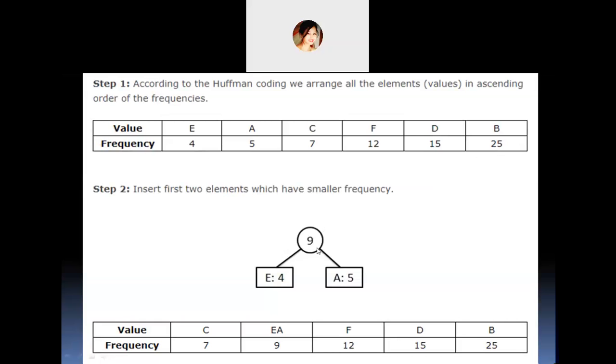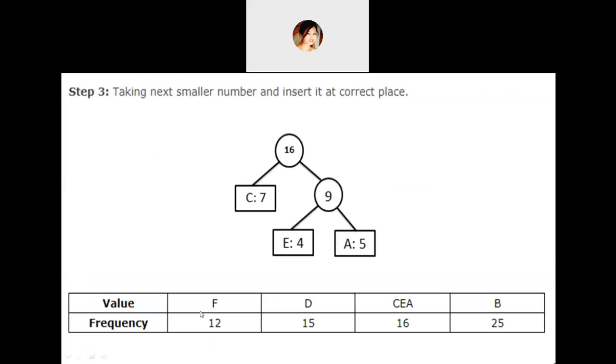So we get it in this way: 4, 5, 7, 12, 15 and 25. Then how we started off is, in step 2 we took the first two elements having the smaller frequency, right? So E and A we took, 4 and 5, and we created the node, and when we add this up we get the node as 9, right?